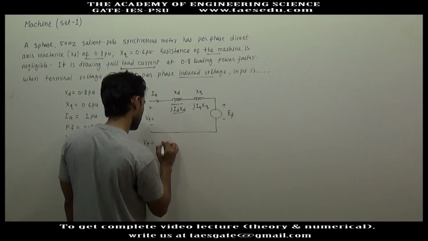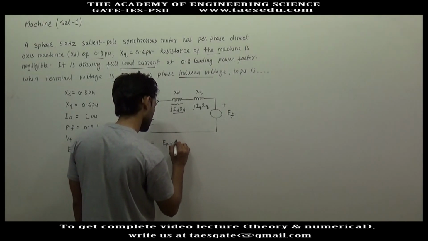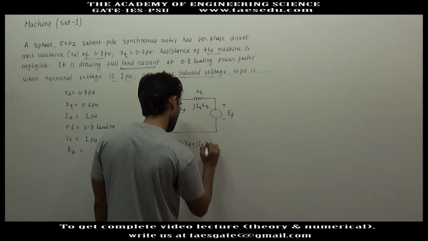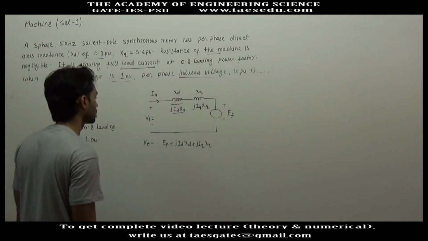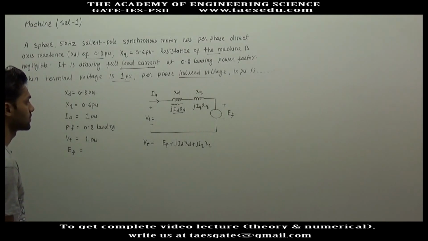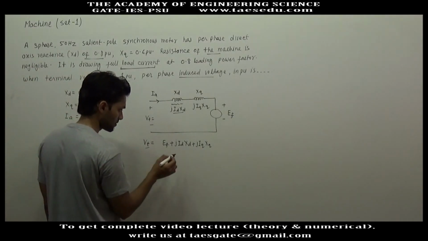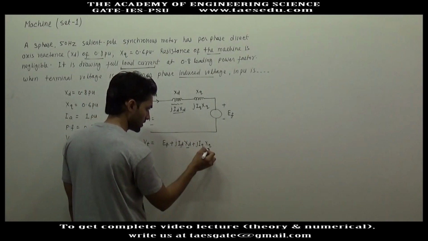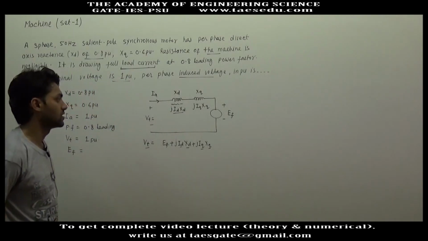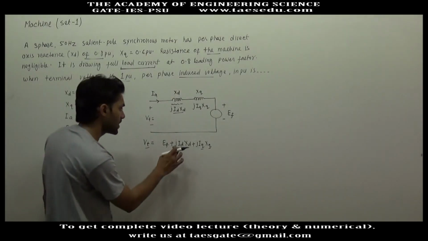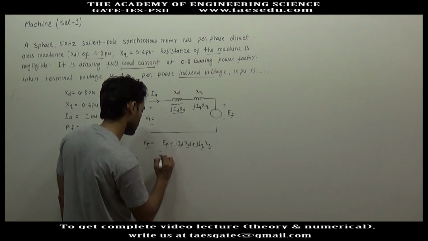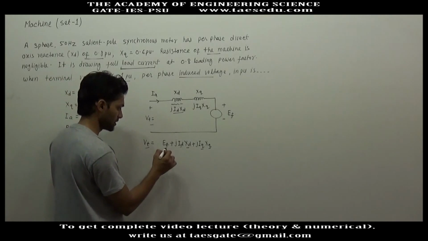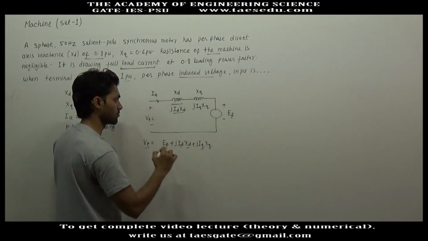So this will be EF plus jIdXd plus jIqXq. Vt is given, Id is not given, Iq is not given, Xd is given and Xq is given. So we have three unknowns in this equation. Instead of Id and Iq, we have Ia. So we cannot simply find out the value of EF with this equation.